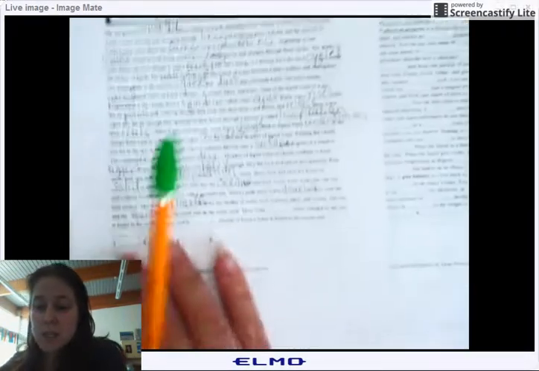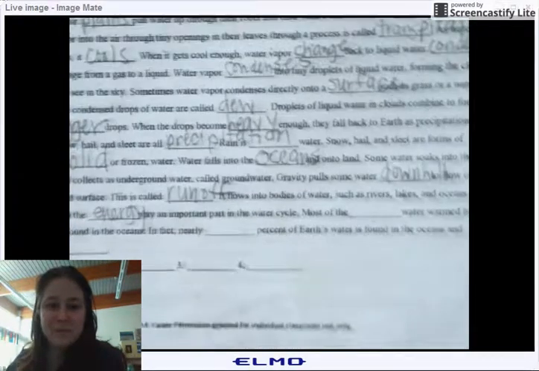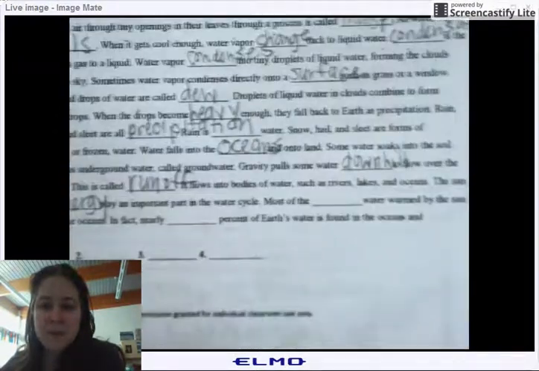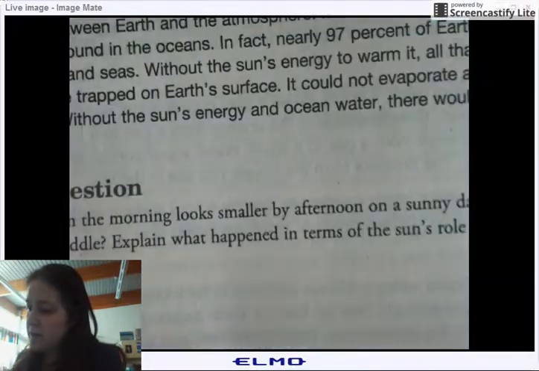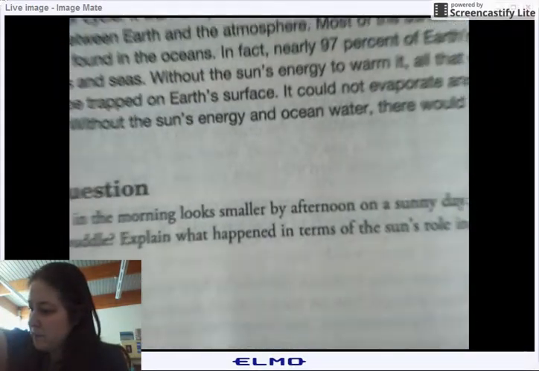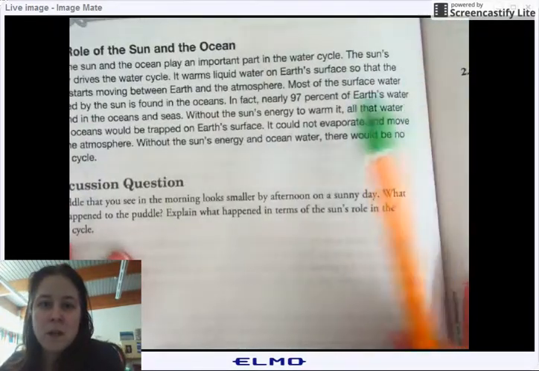Okay, so looking at this, most of the blank water warmed by the sun. I see it. Look for the word most.